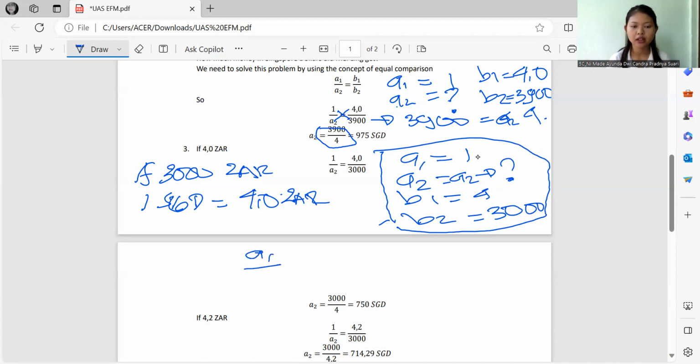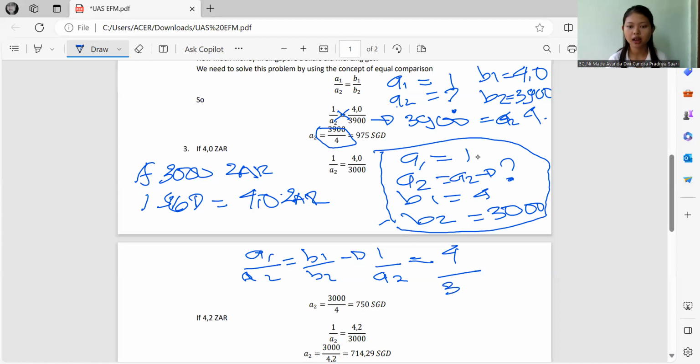After we write the mathematical model, we use the concept of equal comparison: A1 divided by A2 equal to B1 divided by B2. It will be 1 divided by A2 equal to 4 divided by 3,000.